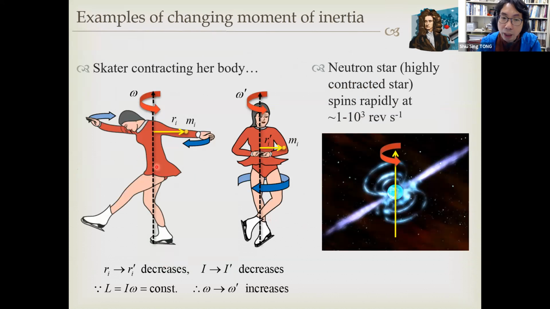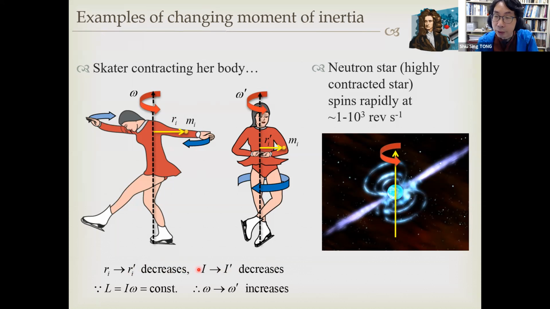Now that finds a wide range of application. For example, a skater. When the skater rotates, he or she will contract his or her arms and legs. In that case, you can see the moment of inertia actually decreases because the distance of the mass from the axis of rotation now decreases. By contracting her arms, the distance decreases.